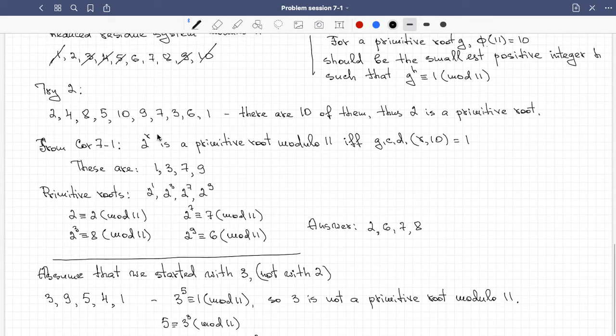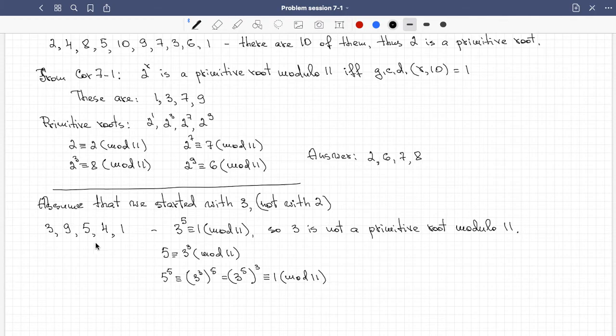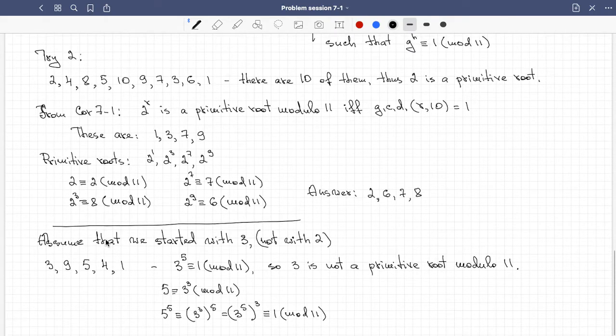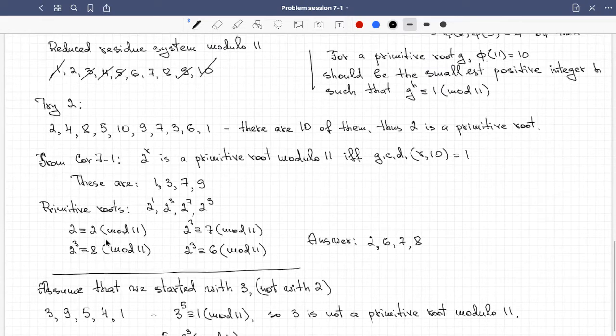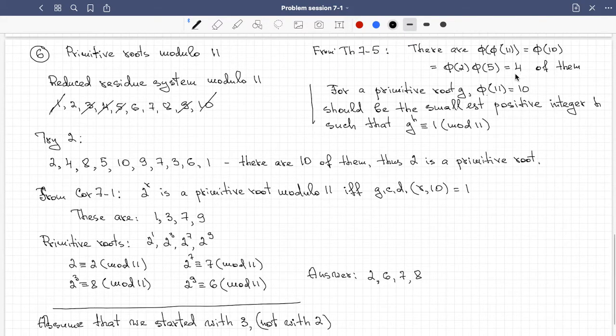So if we have chosen something which is not a primitive root for the first try, we may be even luckier. We've managed to rule out enough candidates so that the rest must be primitive roots. We know there must be 4 of them.